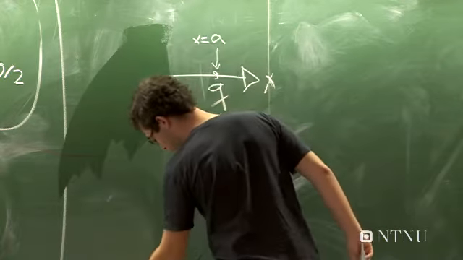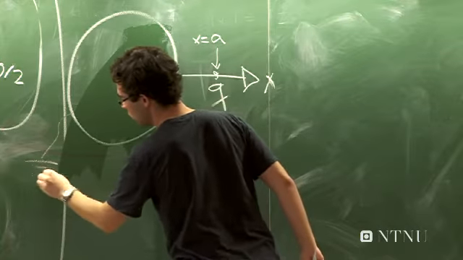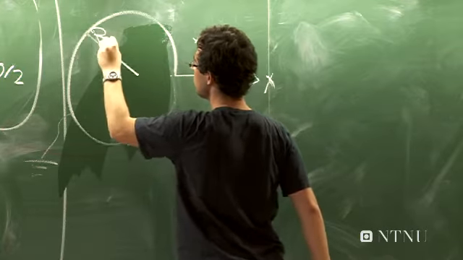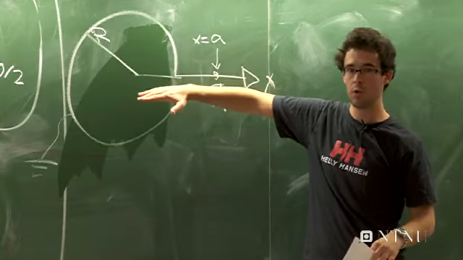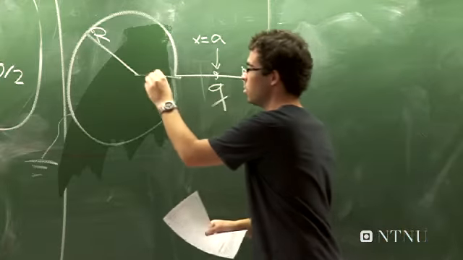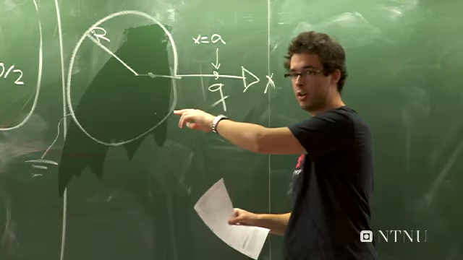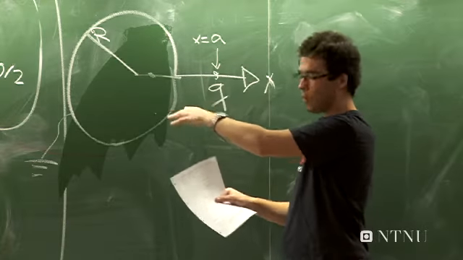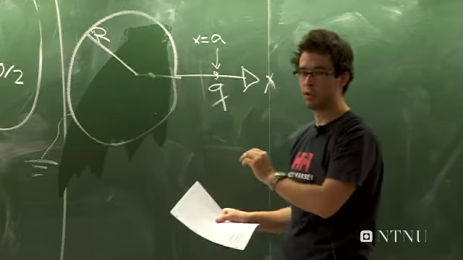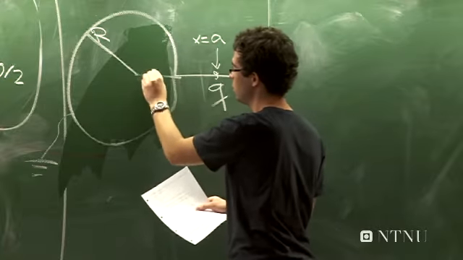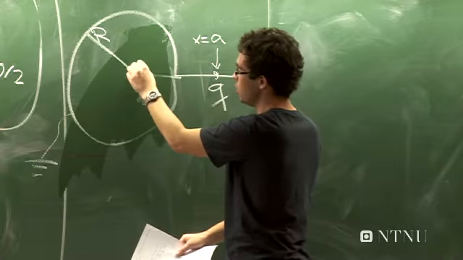I'll try to make a bigger one. And now, because of the rotational symmetry around this x-axis, I'm going to put the image charge somewhere here. And of course, remember that we have to put the image charge inside the sphere, because we can't put charges in our original domain. We have to put it outside the domain we're interested in. So I have to put it inside the sphere. And I'll call this distance b, and this is, of course, the origin.